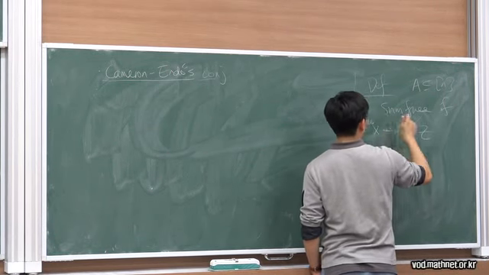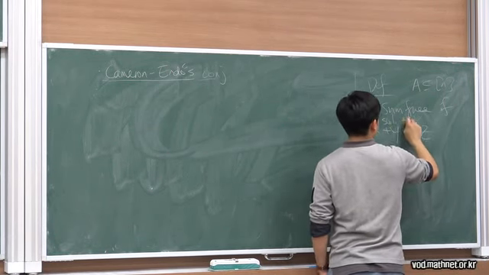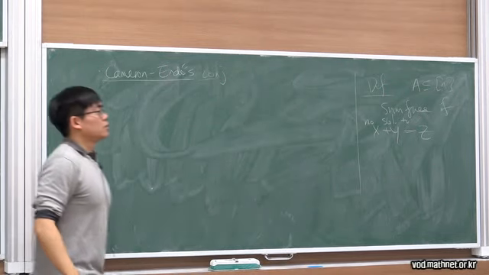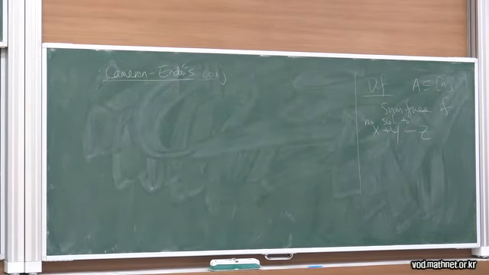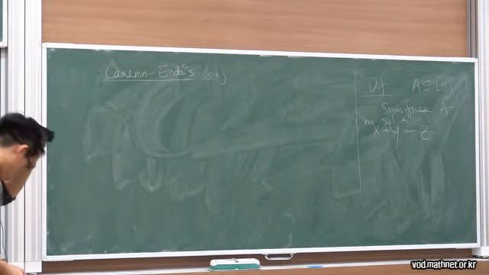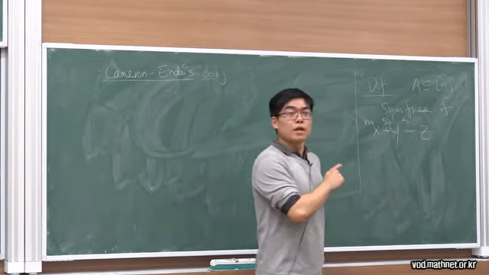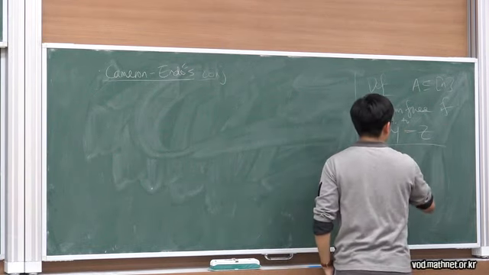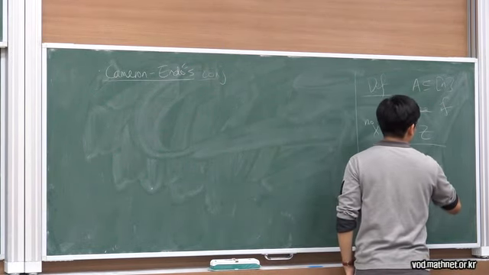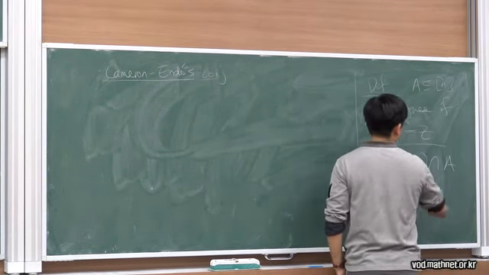If no solution to this, okay? Sometimes such x, y, z, x, y, they don't have to be distinct. Such a triple, sometimes we call Schur triple. And in other words, A is sum free if A plus A is disjoint from A.